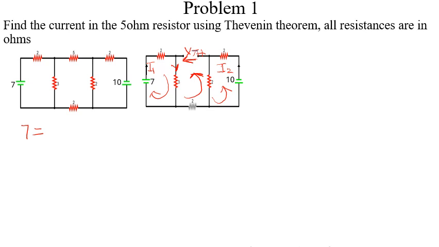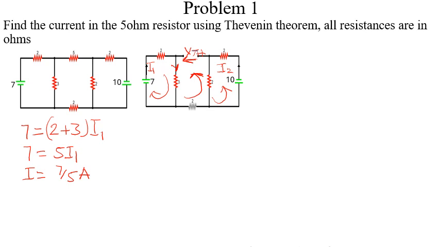So we'll do it as (2 plus 3) I1. So we have 7 here is equals to 5I1. So I1 is equals to 7 over 5 amps. We found I1.